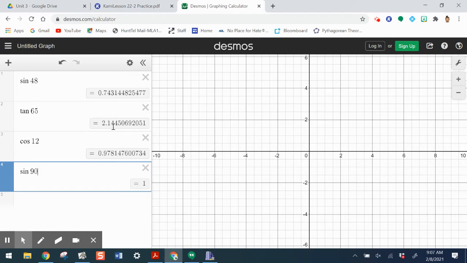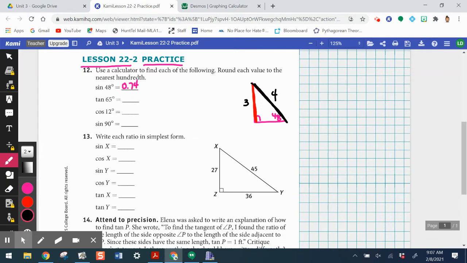So the tangent of 65 rounded to the nearest hundredth: the first 4 is in the hundredths place, so we look to the 4 right behind it, and that 4 tells us to round down, or stay the same. So the tangent of 65 will be 2.14, roughly.